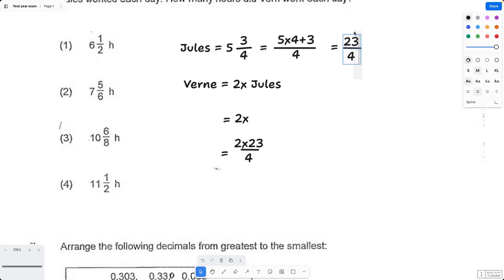This will give us 46/4, because 23 times 2 is 46. Then we need to divide 46 by 4. We can do our workings with this.